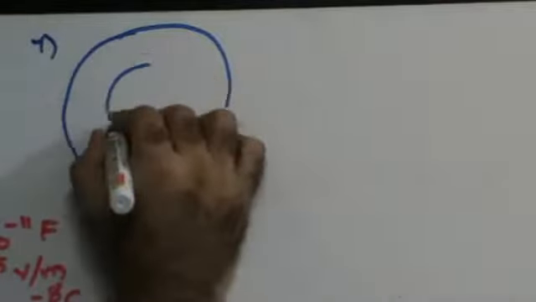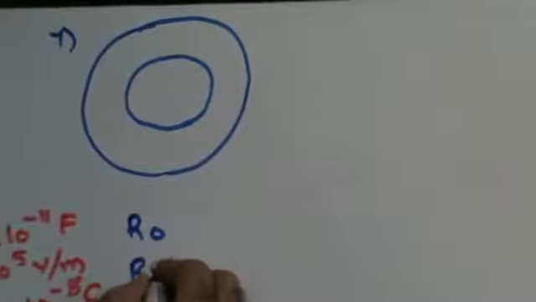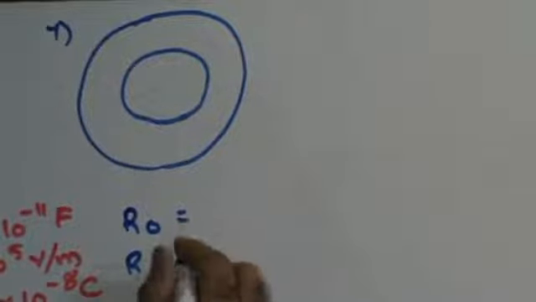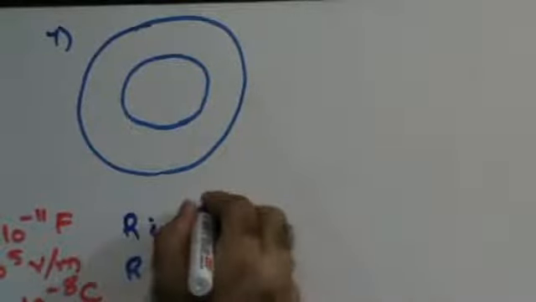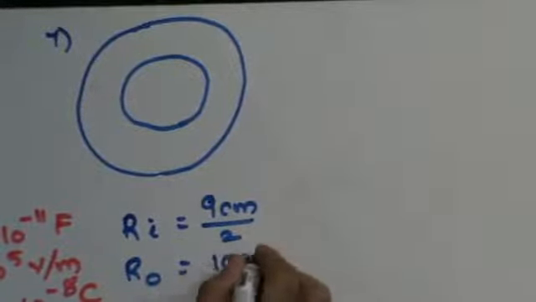The outer diameter of the inner sphere and the inner diameter of the outer sphere are 9 centimeters and 10 centimeters.